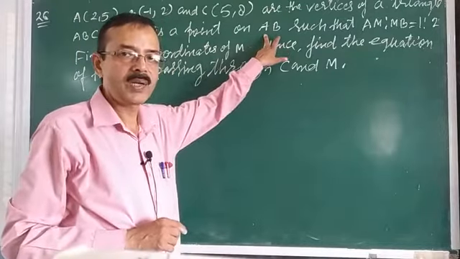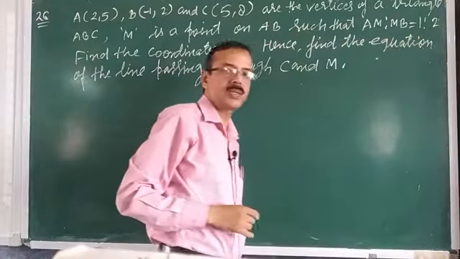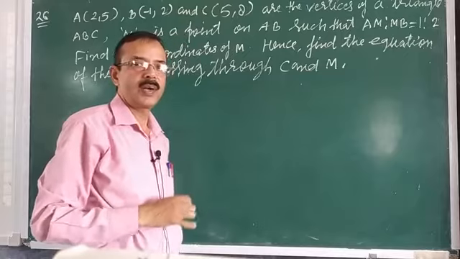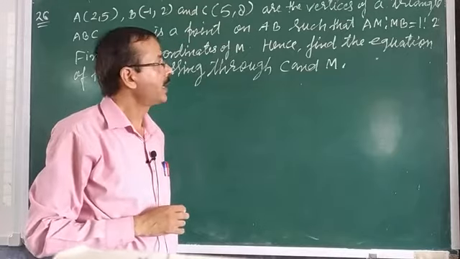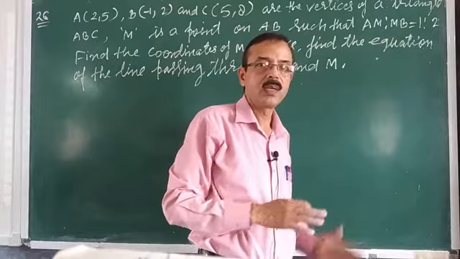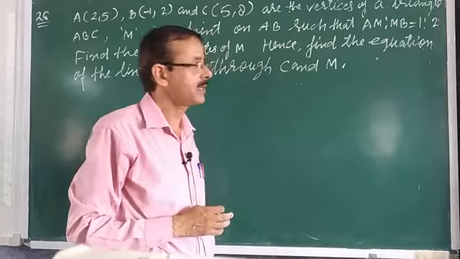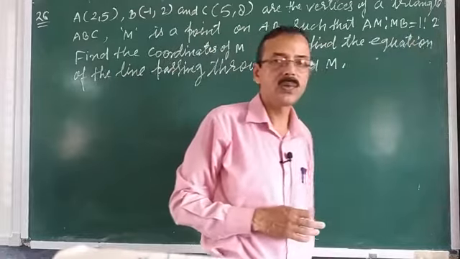M is a point on AB such that AM ratio MB is equal to 1:2. M is a point on AB that divides the line AB in the ratio 1:2.